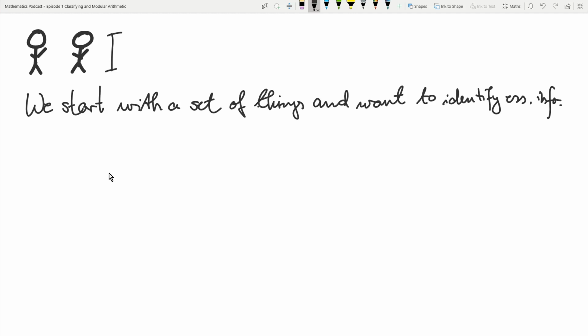So what we could do is we take the set of all different dates in the year. Let's say the 1st of January, the 2nd of January, till we reach the 31st of December.